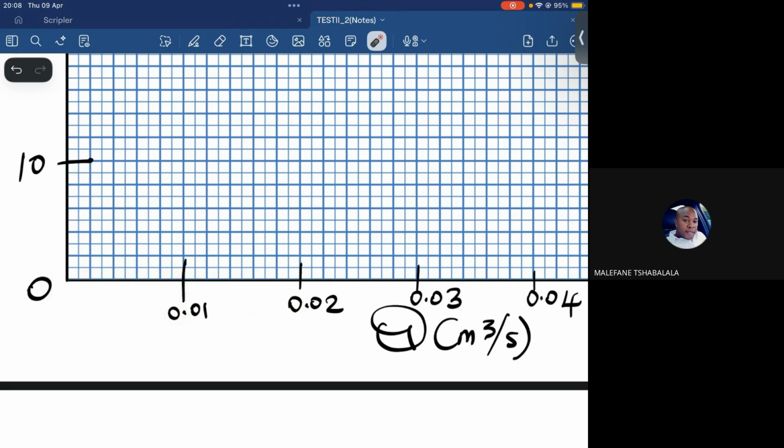Then after that we'll have 0.012, 0.014, and so on up to 0.02 here.